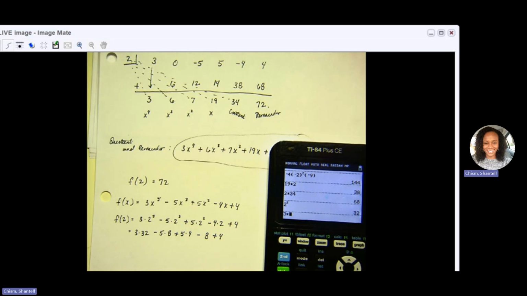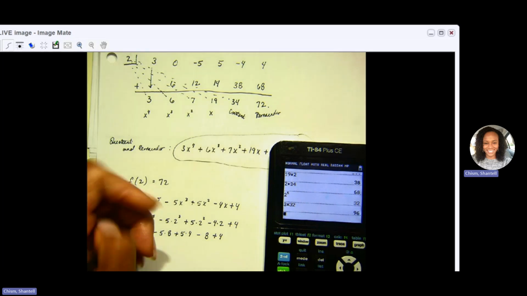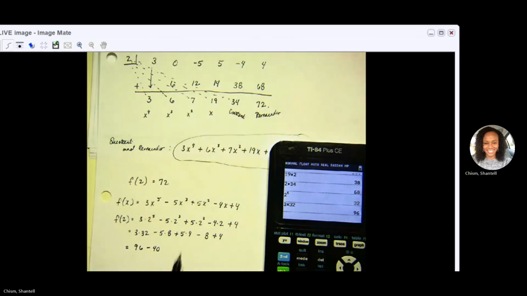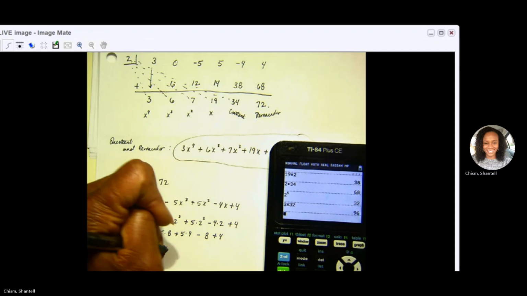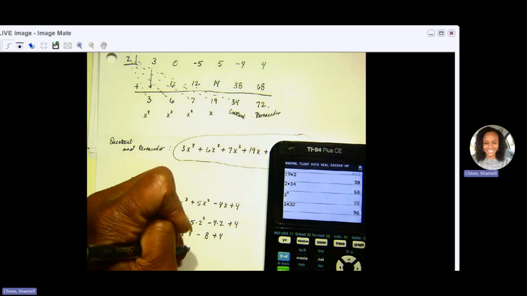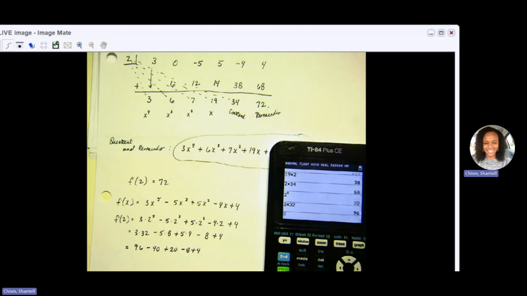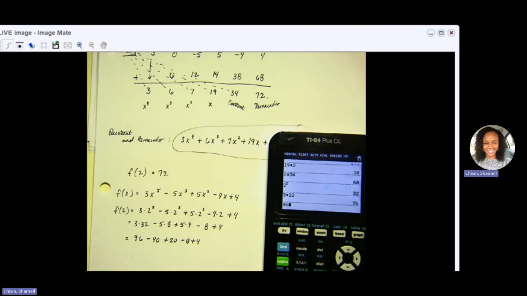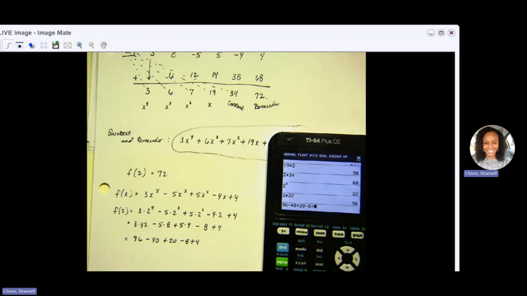So 3 times 32, that's 96, minus 40, 5 times 8, plus 20, minus 8, plus 4. So now I'm just going to put all that in. 96 minus 40 plus 20 minus 8 plus 4.